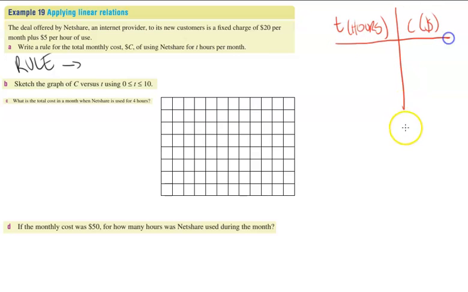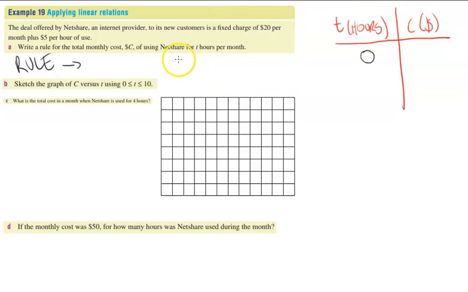Now, in the very rare circumstance where this particular household doesn't spend any hours on the internet, say they've gone on holidays or whatnot, there still is a deal that has a fixed charge of $20.